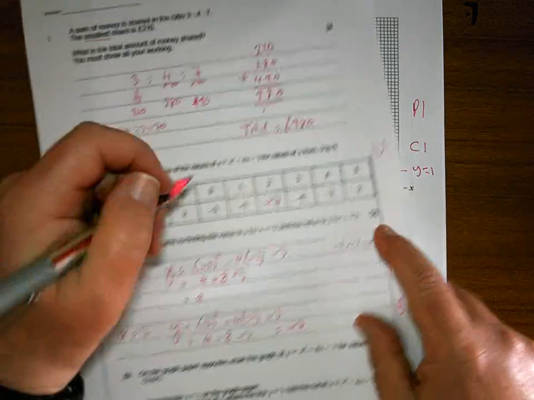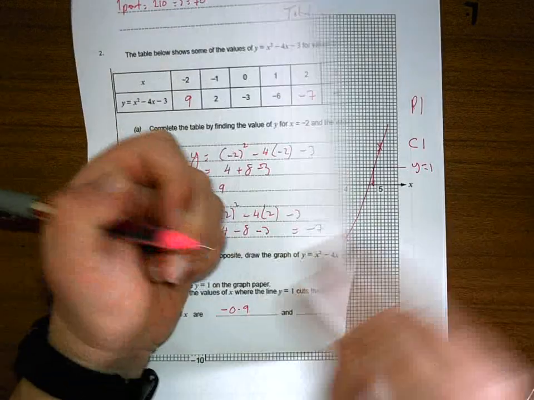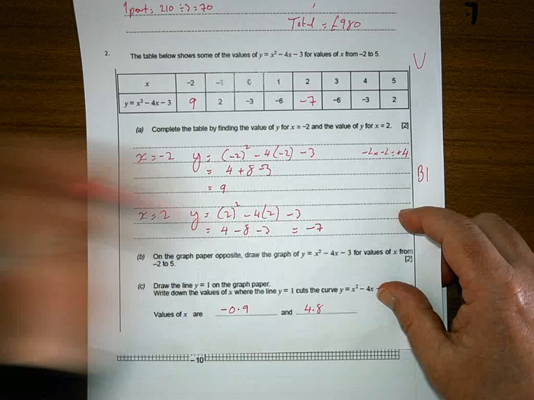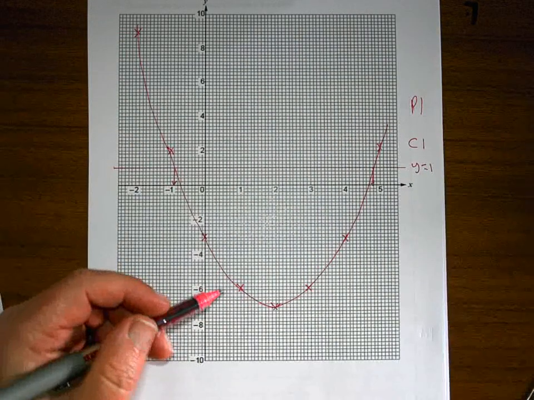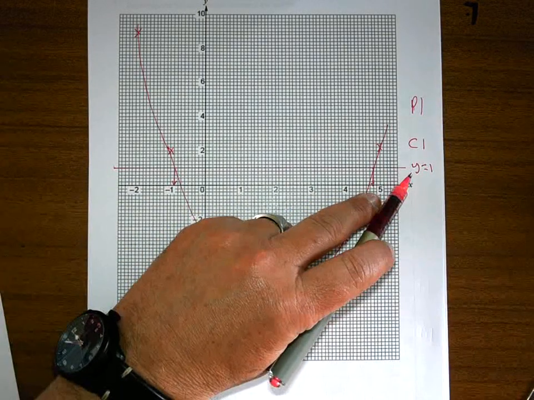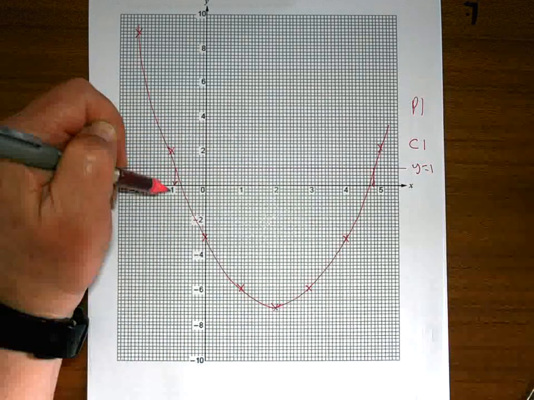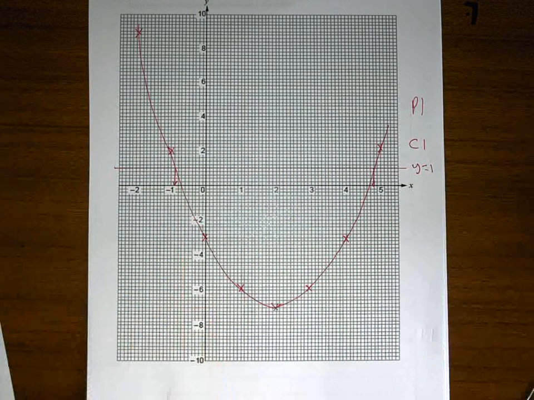So minus 0.9 and 4.8. Now if your curve is slightly different, you may get nothing there, but if you correctly draw the line y equals 1 and then write down the x values on your curve, you would still get those marks.